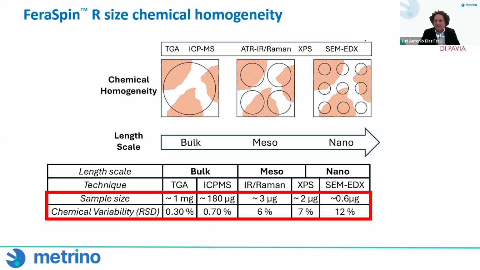But if you are trying to investigate with a microscopy technique the biodistribution inside a tissue sample or a cell culture of your nanomedicine materials or carriers, then of course you cannot rely anymore on that chemical homogeneity, because you are not analyzing milligrams anymore. So you need to rely on a different length scale and a technique that corresponds to that length scale, for instance, SEM-EDX or XPS.